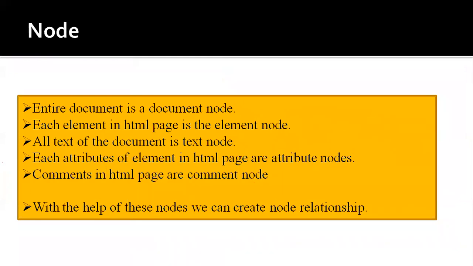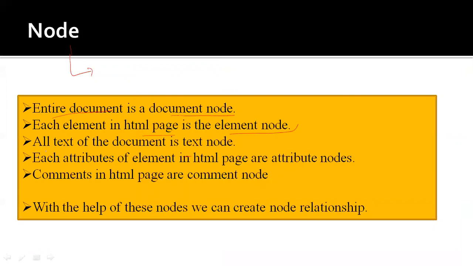Everything in this HTML document is treated as a node. As we can see here, the entire document is called the document node, and each element in the HTML page is known as an element node.